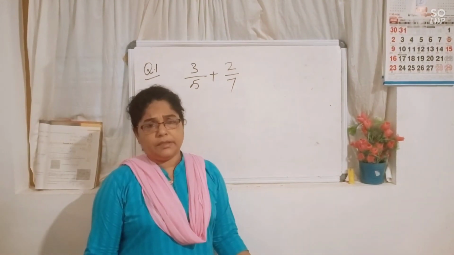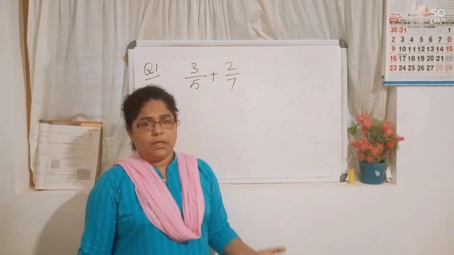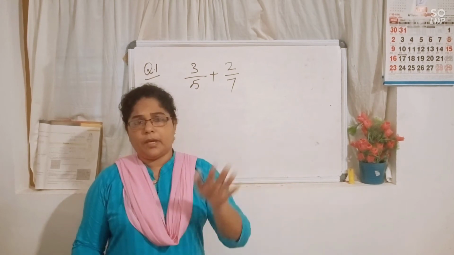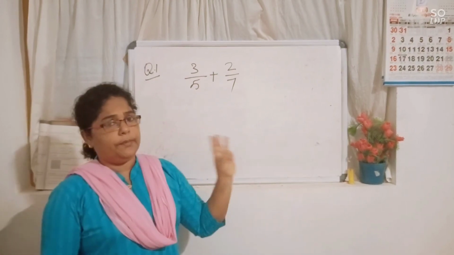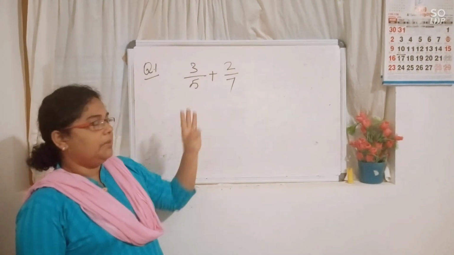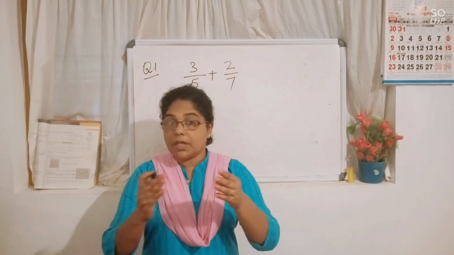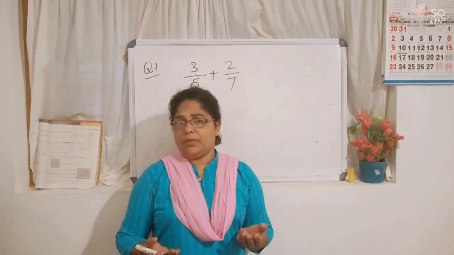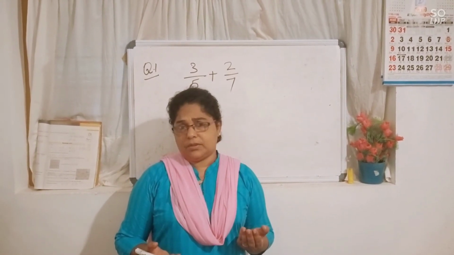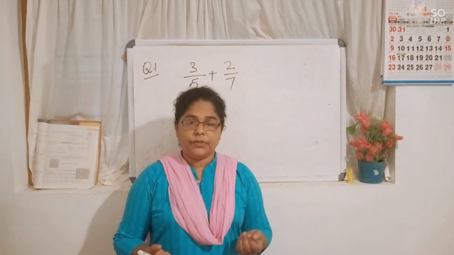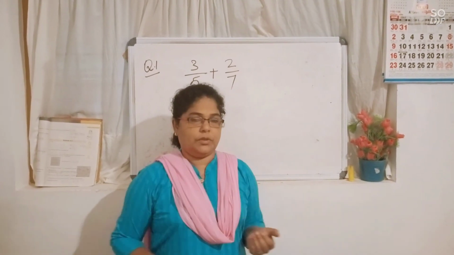Definitely A is getting more, because A's chocolate is divided into only 5 parts and out of 5 he got 3 parts. Then B is poor guys. His chocolate is divided into how many pieces? 7 pieces and the poor guy got only 2 pieces. No, definitely he is getting less amount.